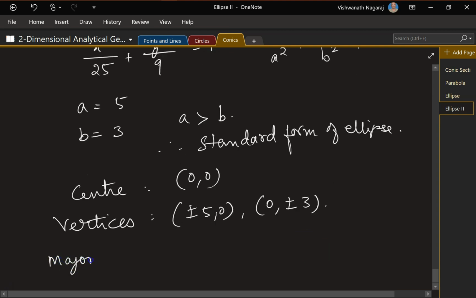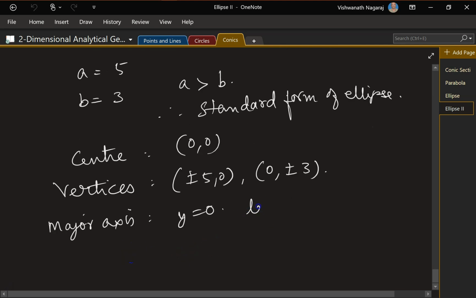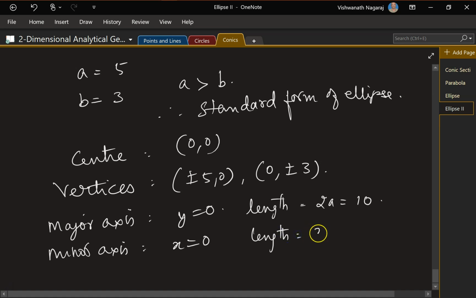Major axis would be y equal to 0 and the length of the major axis is going to be 2a, which is 2 times 5, that is 10. Similarly, minor axis be x equal to 0 and the length of the minor axis would be 2b, which is 6.